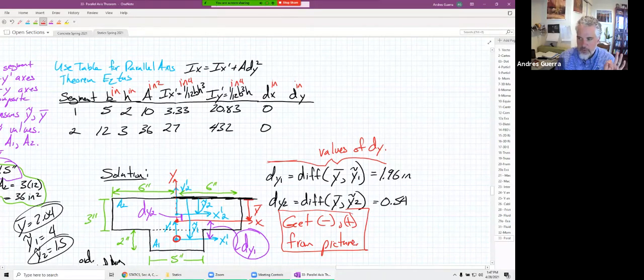Remember that the x, y red axes are the center of our universe. So doesn't that mean this would have a negative y coordinate? Yeah, so that's a negative. That tells us dy1 is negative. dy2 is up here. This one is positive. So dy1 is negative 1.96. dy2 is positive 0.54.